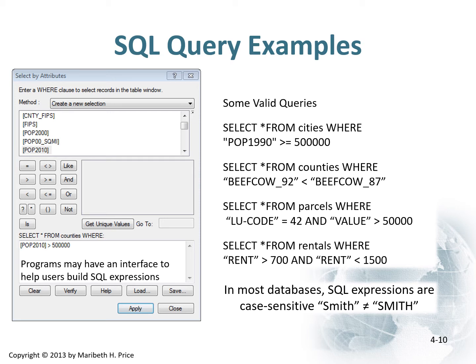You select the field of interest. You have the mathematic functions there. You can get the unique values and just simply click and select instead of typing. And it converts all these options into a SQL expression that will then select the data that you're looking for.